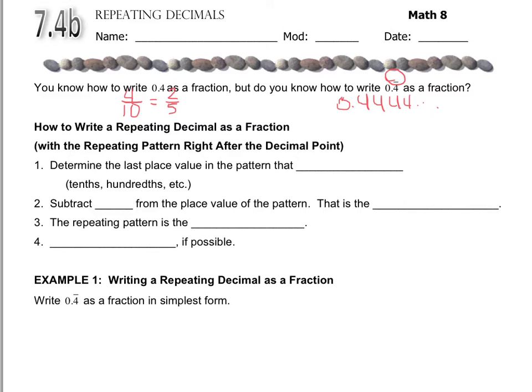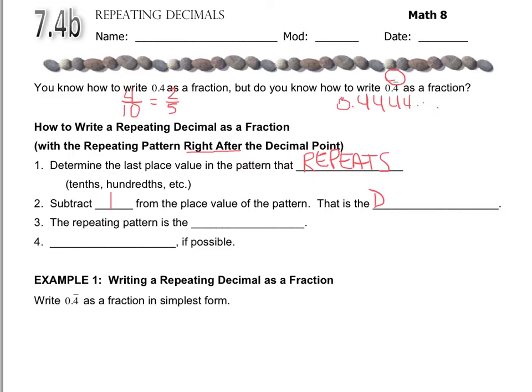So when we are writing, notice that here it says the repeating pattern is right after the decimal point. We need this to be able to work out the pattern that's right after. So what we want to do is determine the last value in the pattern that repeats, whether that's in the tenths place or the hundredths place, etc. Then what we do is we subtract 1 from that place value.